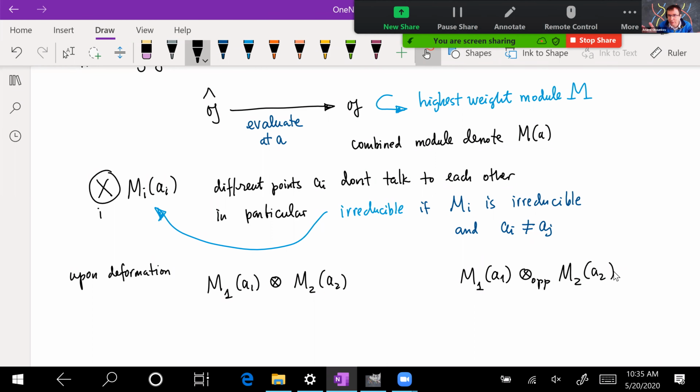They're probably isomorphic, and so this is not ridiculous.